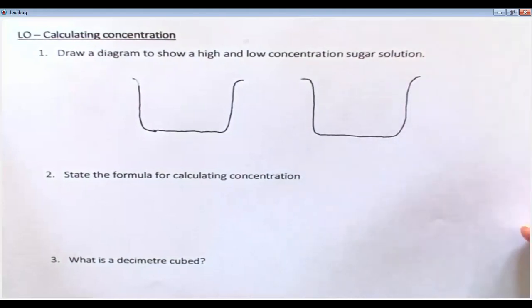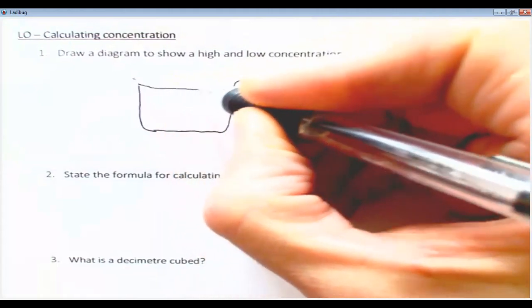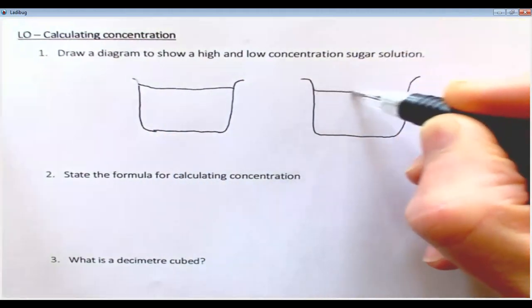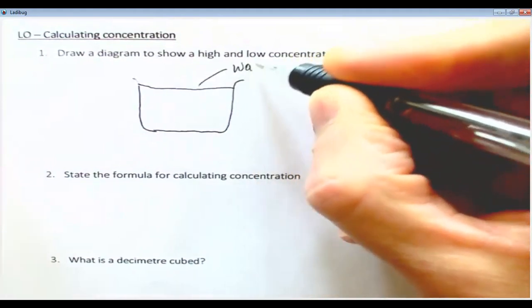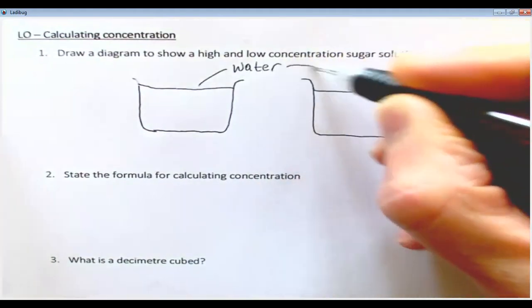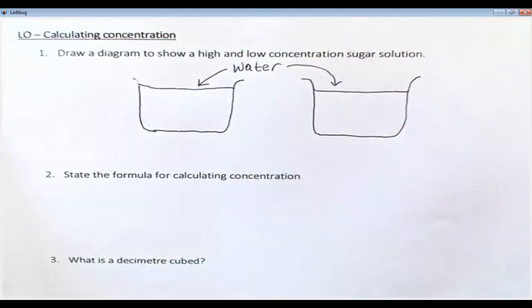And in those beakers, we're going to put some water. And you'll notice that it's the same volume of water, the same amount of water.